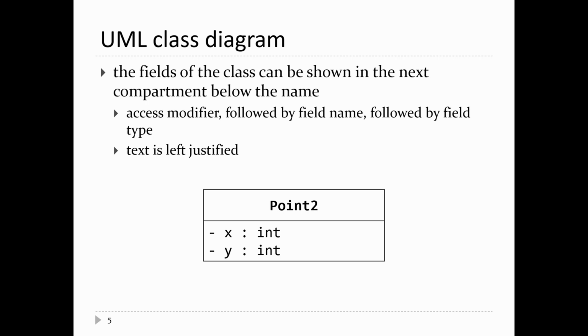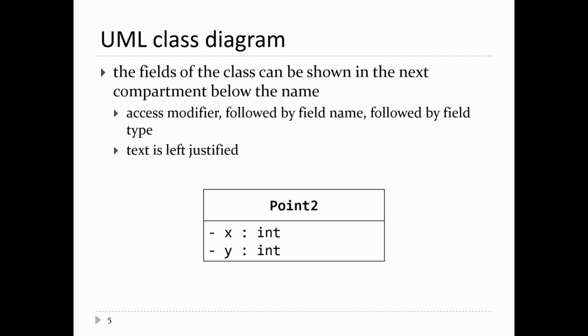If for your particular purposes you want to describe what are the fields in the class, you can add those by appending another box, or a compartment, below the box containing your class name, and you put in your fields in that compartment.